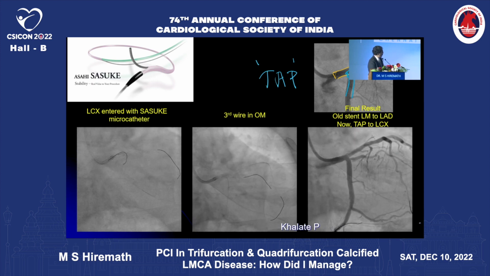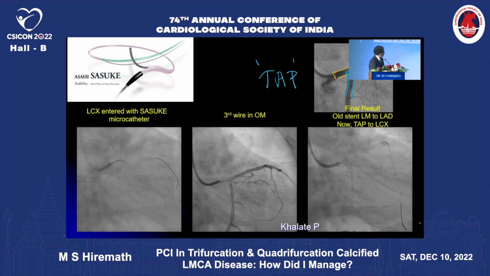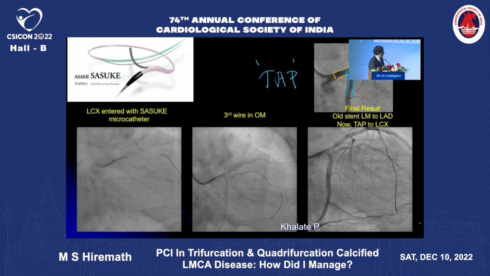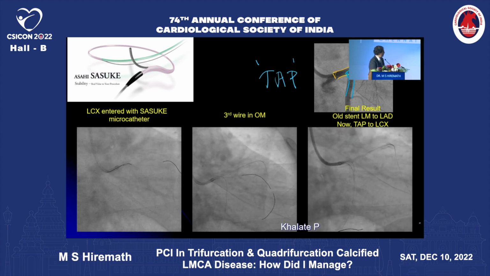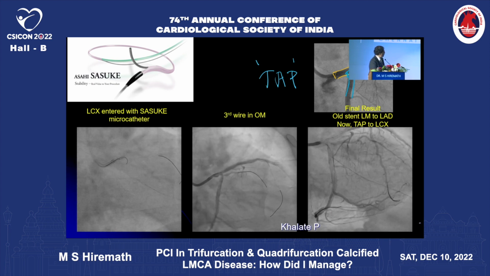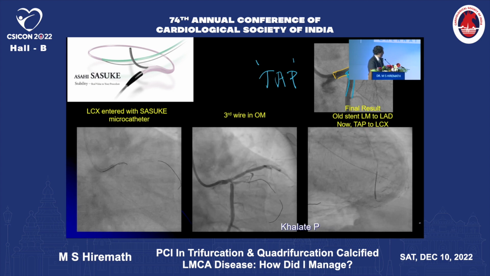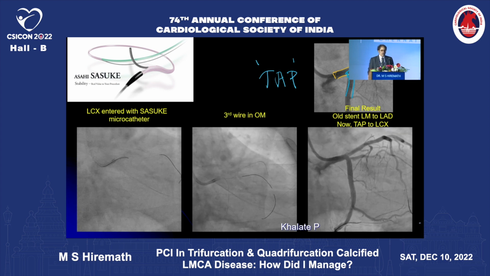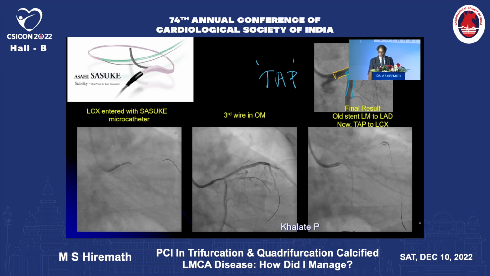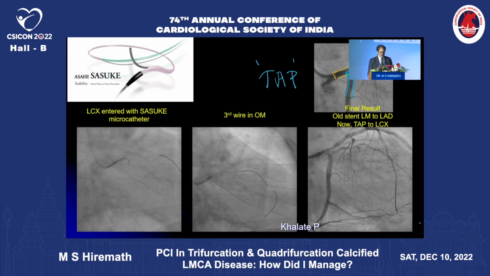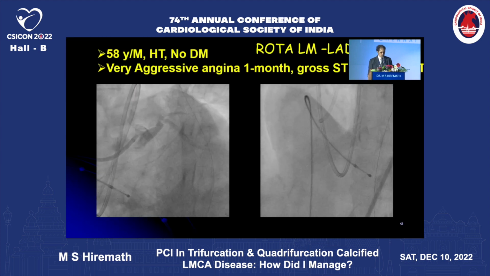Sasuke has 2 holes. One is at the tip, and this tip hole takes a wire to the OM branch, and the side hole allows you to bring in a wire towards the circumflex, which is the dominant vessel. So this is how the wiring was done, and stent was placed as TAP protrusion.